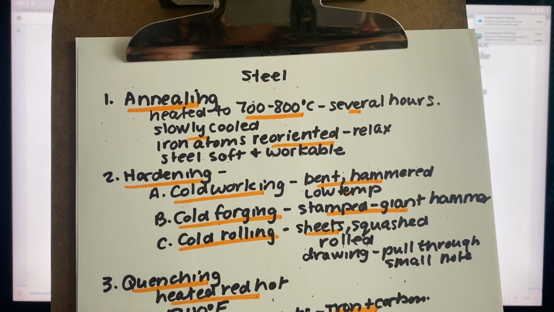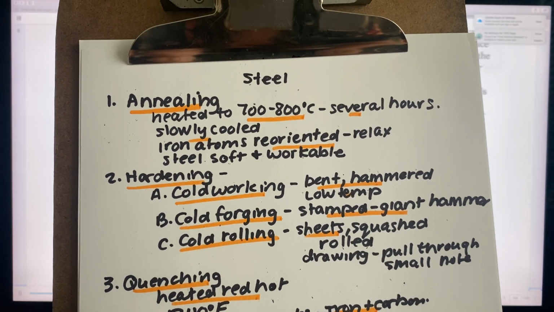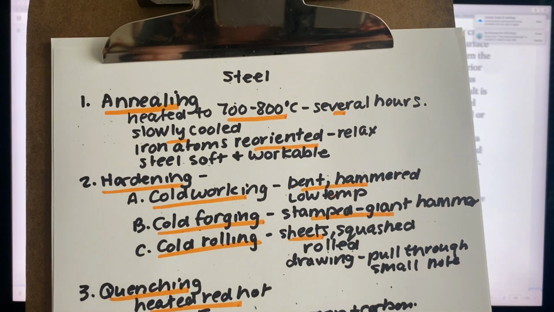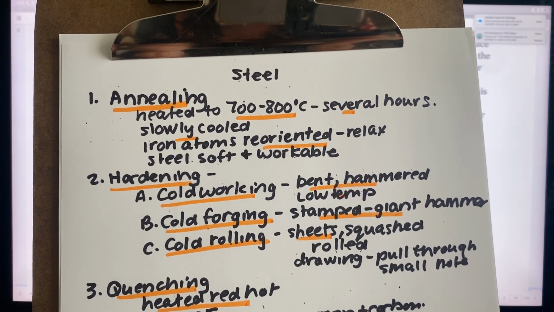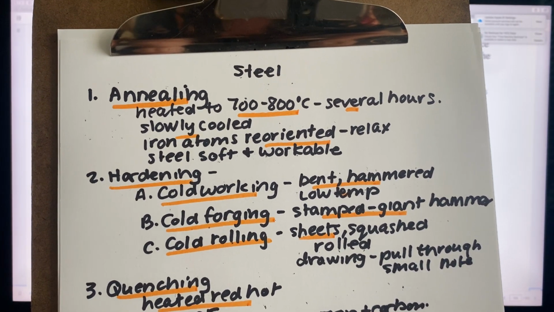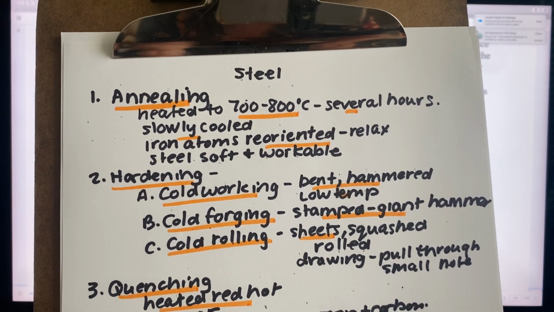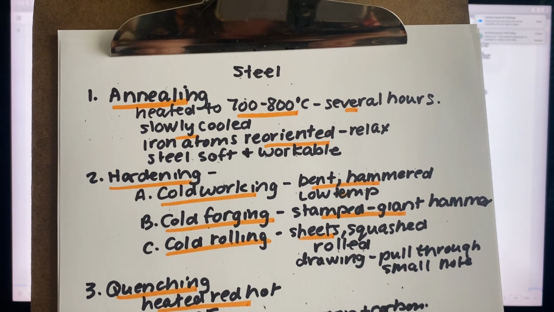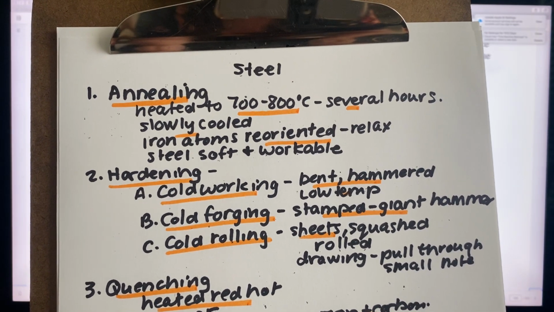Now hardening has nothing to do with temperature. Hardening is basically working the steel into the form you want. Cold working was where they would bend the steel and hammer the steel at low temperatures and work it into the kind of steel object you wanted. And then cold forging, these are all cold because there's no heat. In cold forging, they take a giant stamp hammer and start stamping the steel down.